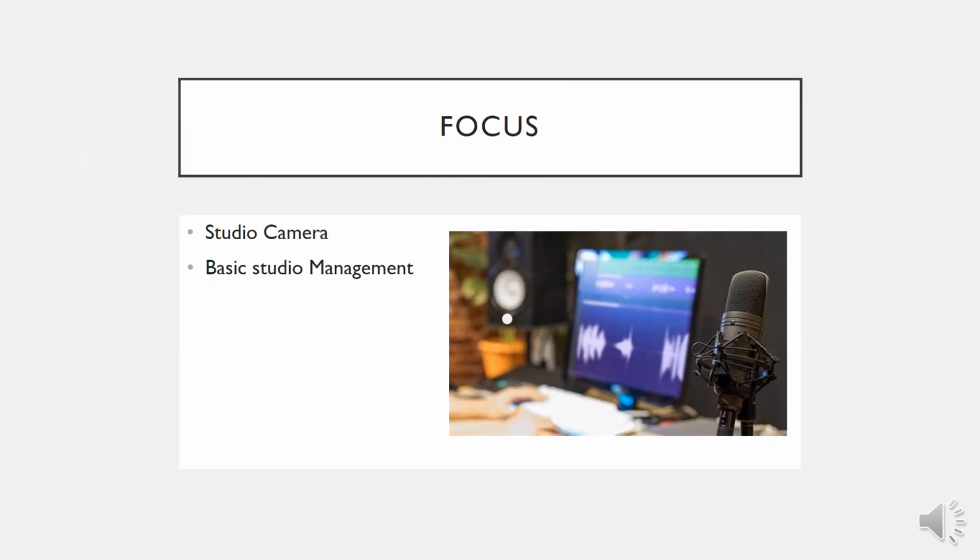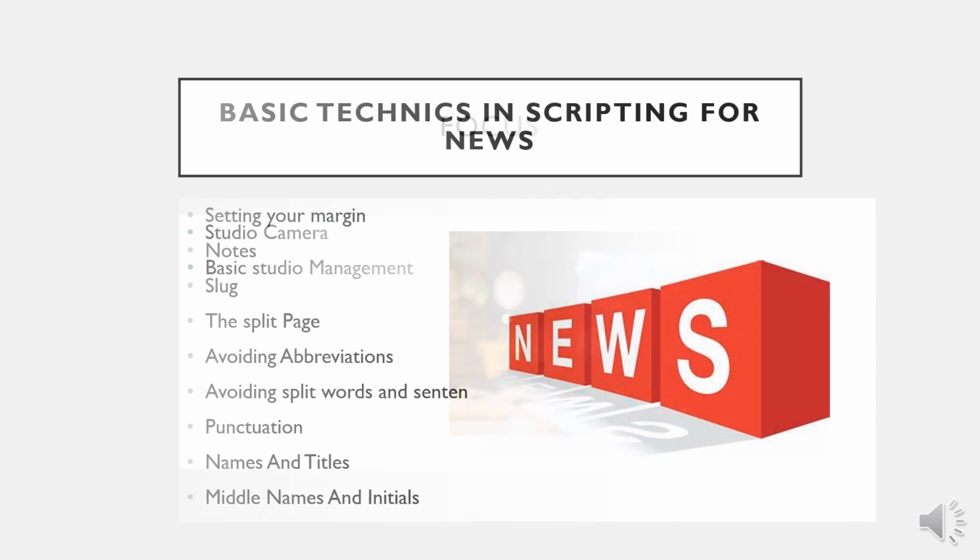So we are also going to be focusing on the studio camera. How does the camera operate? How many cameras, and what are the types of cameras or tools that are used for the purpose of news production in the studio? Also, basic studio management will be taught during this course.